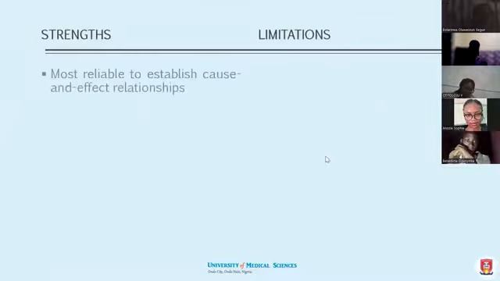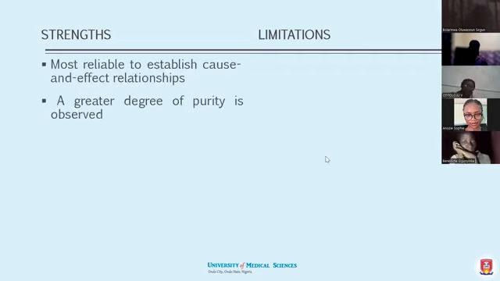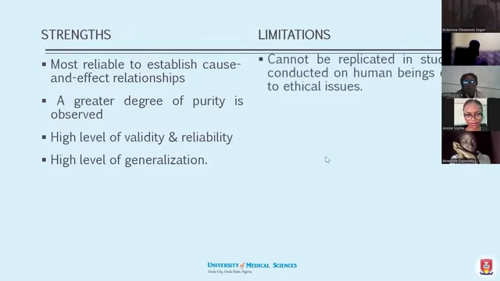So now let's quickly look at the limitations and strengths of true experimental design. One of the strengths is that it is the most reliable for establishing cause and effect relationships. If we want to measure cause and effect between two variables, you will be thinking about experimental research design, and the most reliable one is true experimental research design.